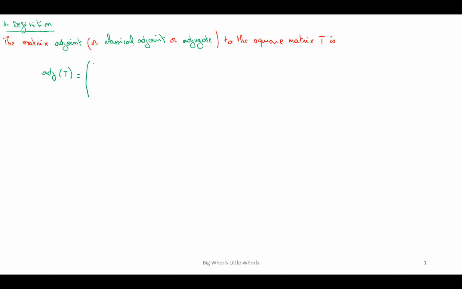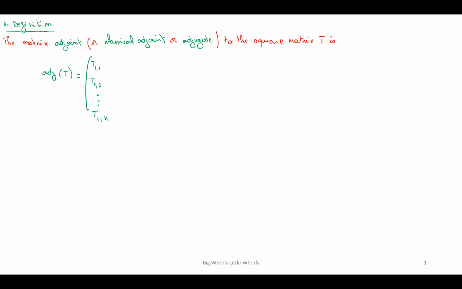so T11, T12, T1n, so it's written a bit differently.